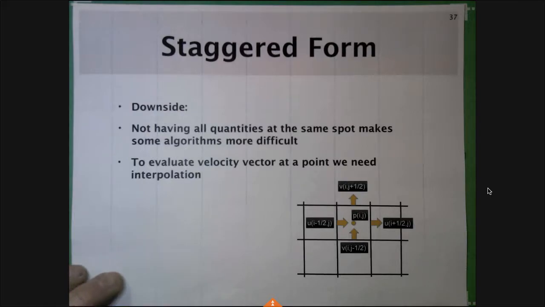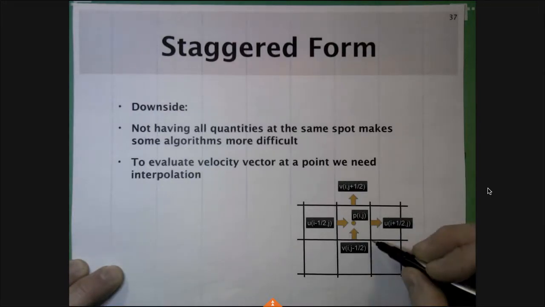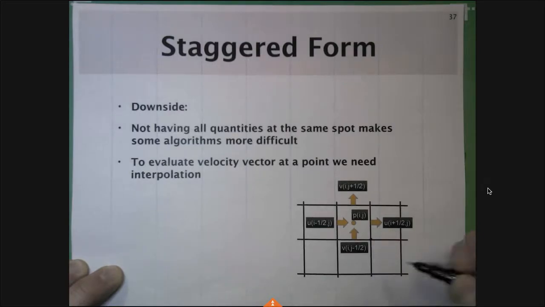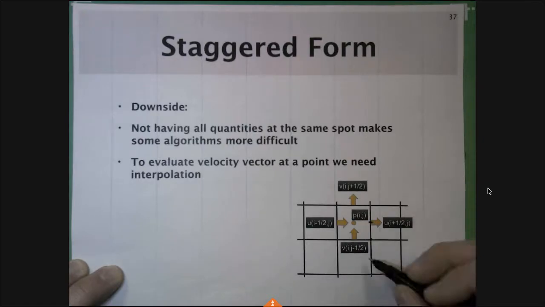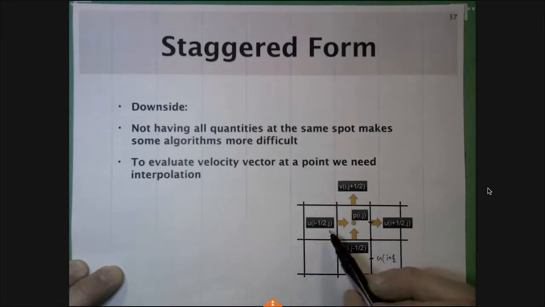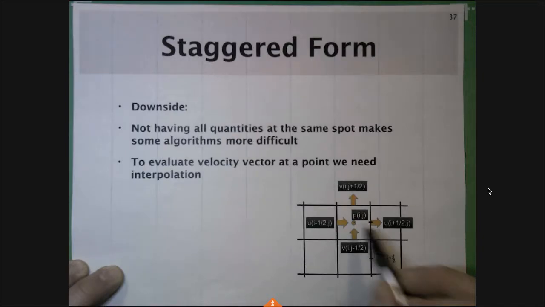For example, if I want to know what my u component of the velocity is here, I have the velocity here and here, right? Here would be my u i plus 1/2. Notice that this is u i, so i and j will be the index of this, and this is u i plus 1/2, j.